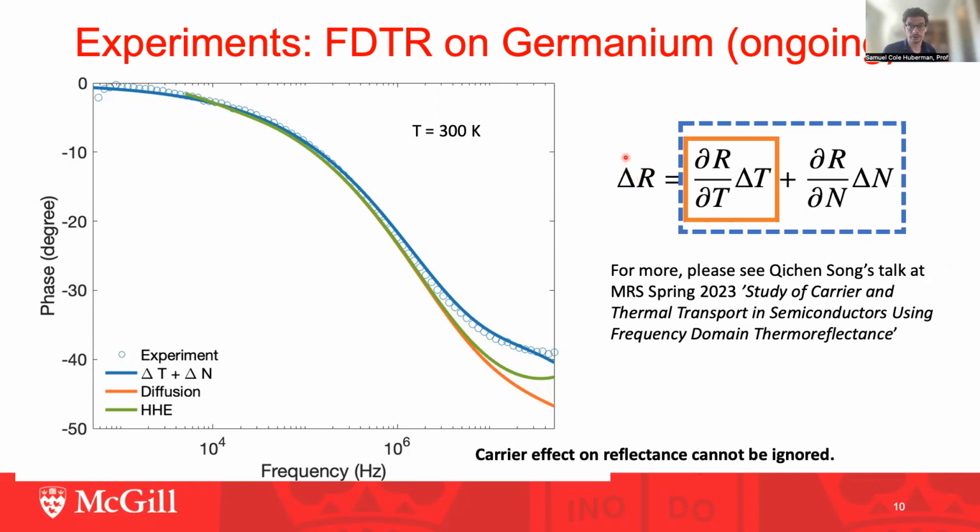And we're seeing this not only in germanium, but also in silicon and gallium arsenide. To see more about how this is done, please check out Qichen Song's talk at MRS Spring, wherein this is discussed in some detail.